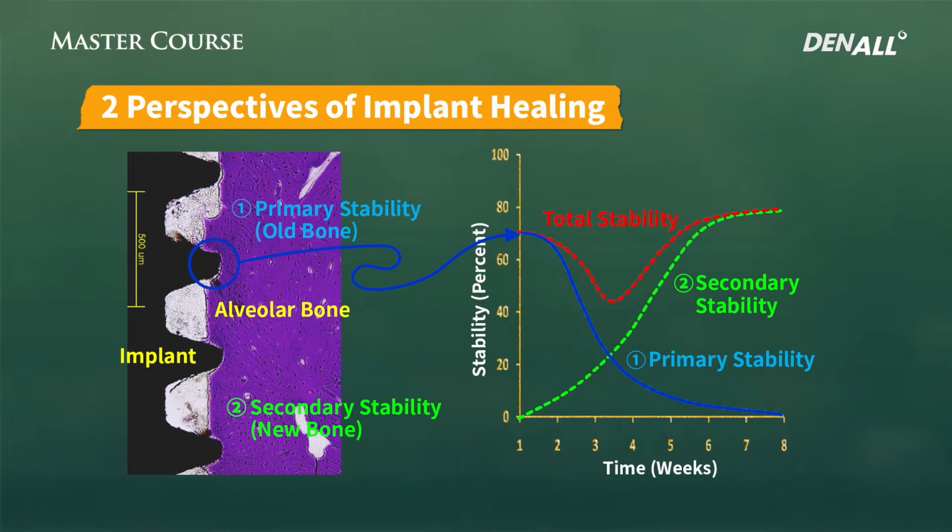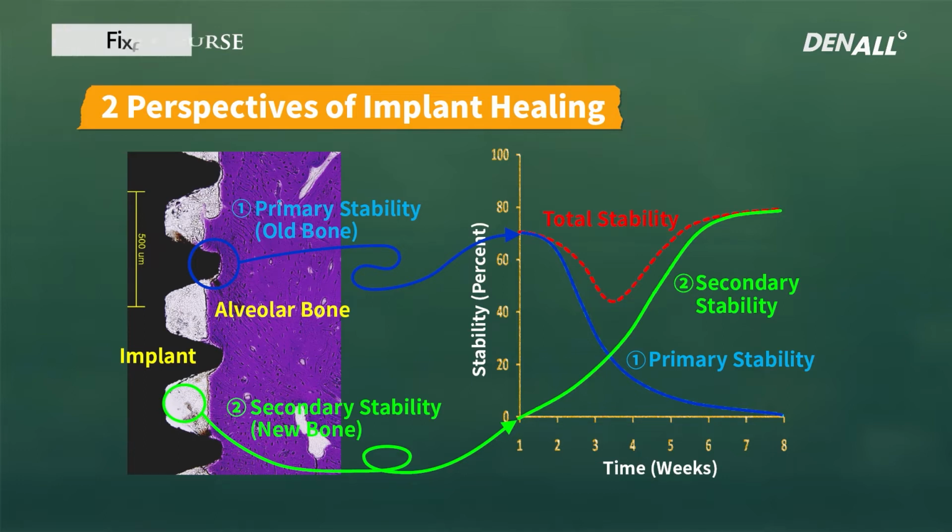It describes how the implant is fixated on bone. The primary stability is decreased over time. The secondary stability: when an implant is placed in bone, new bone is formed surrounding the implant, and the implant is integrated into bone, and the secondary stability goes up over time.